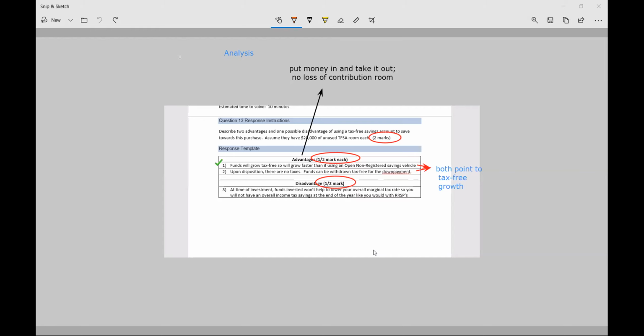I don't think there's that many good answers to the TFSA. It's really tax-free growth, no loss of contribution room. You could point to no restrictions on withdrawal, potentially. I don't know if that flies or not, but it might be a good answer. Yeah, that might be it, Nelson, right? Okay, there, I can live with that.